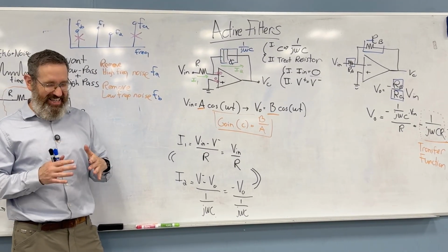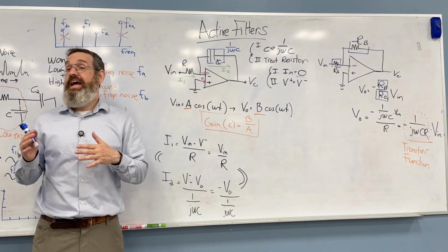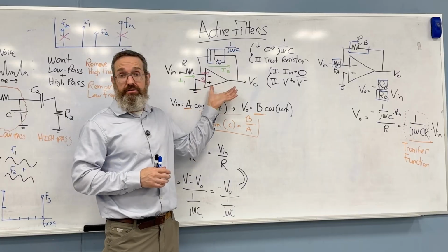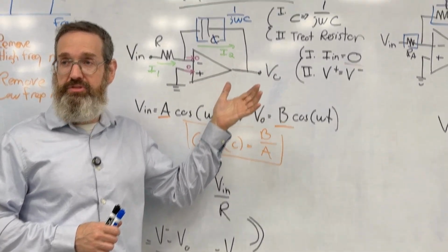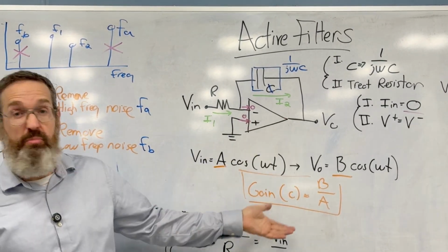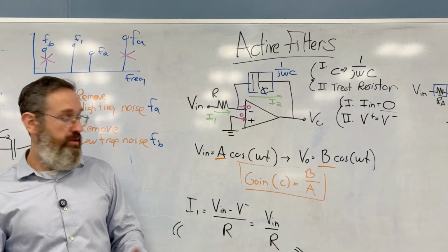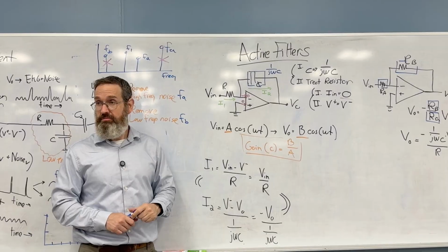And so any circuit I give you with resistors and capacitors and amplifiers, doesn't matter how many resistors, how many capacitors, and how many op amps, you can get the transfer function using only these basic rules and basic algebra. Sounds good? Okay.